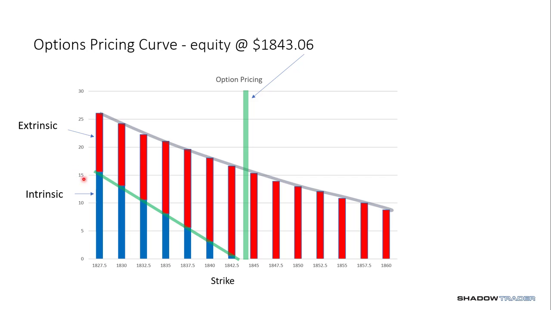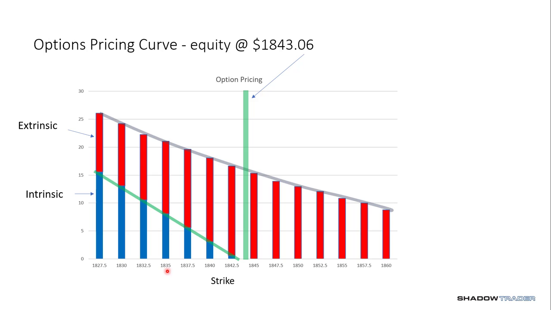So the blue portion here is the intrinsic value. Bear with me. Stock's trading 1843. I own an 1830 option. I have intrinsic or hard value of $13.06. There you go. I own an 1835 option, call side.